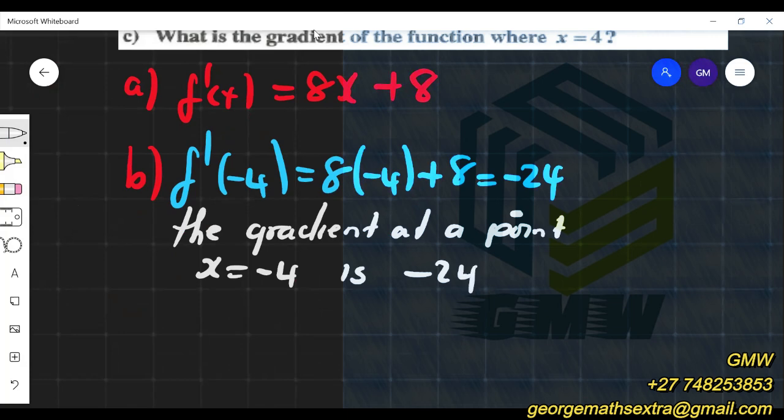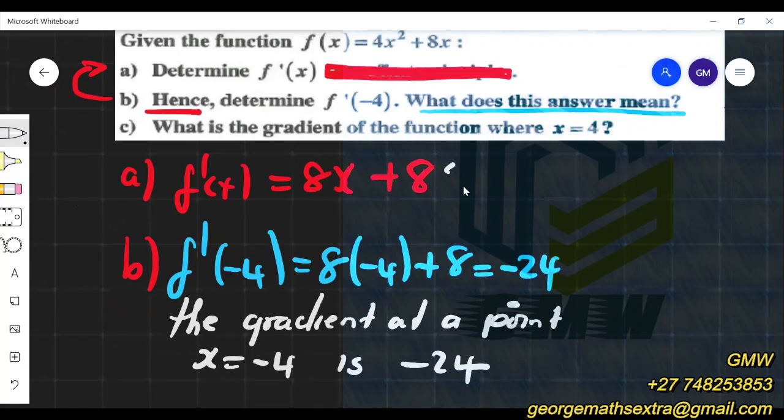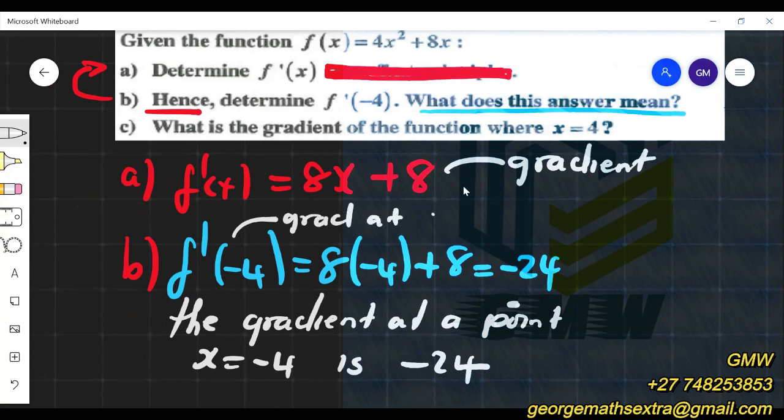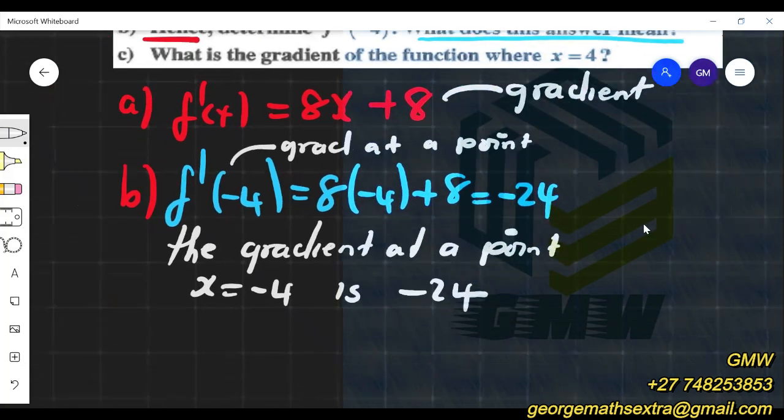So remember we said f prime of x means gradient. Do you remember? So now, when you do this, you are looking at gradient at a point. So the gradient at the point where x is minus 4 is negative 24. That's the sentence.